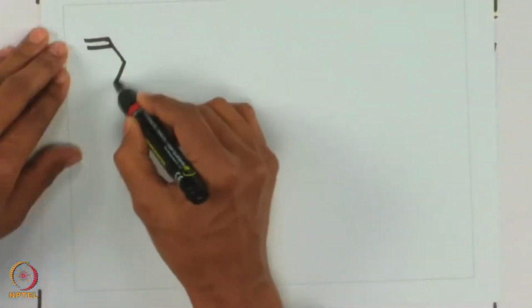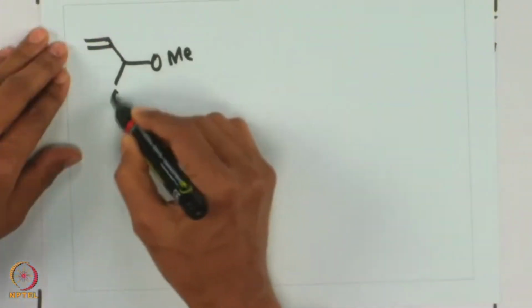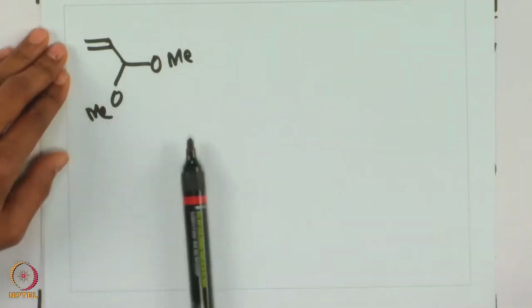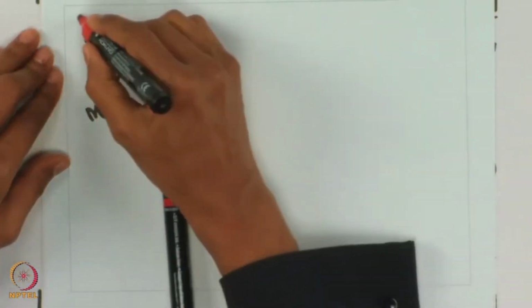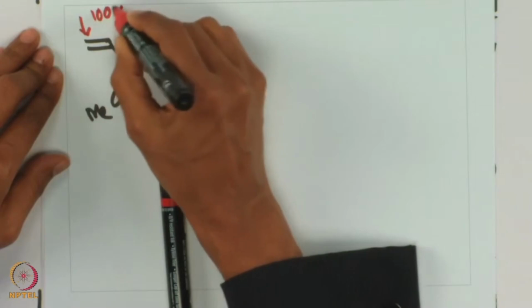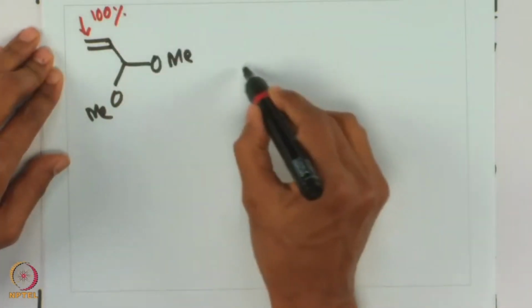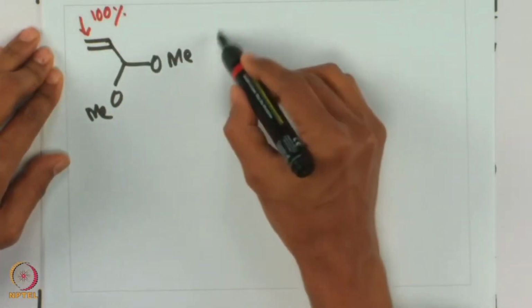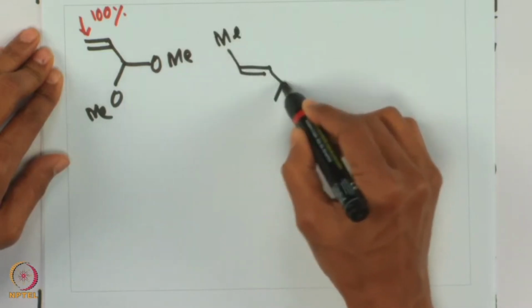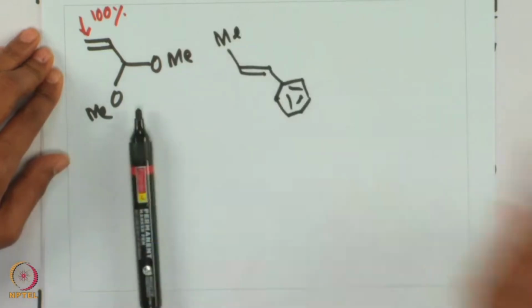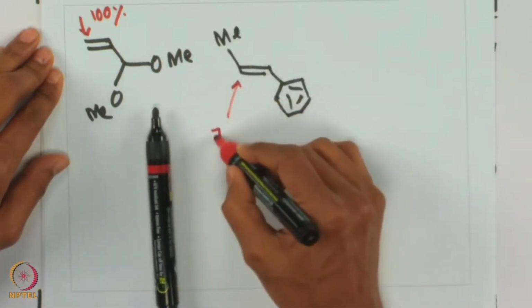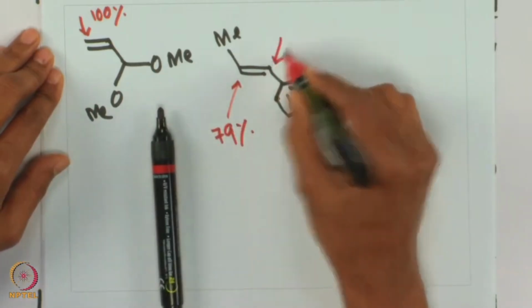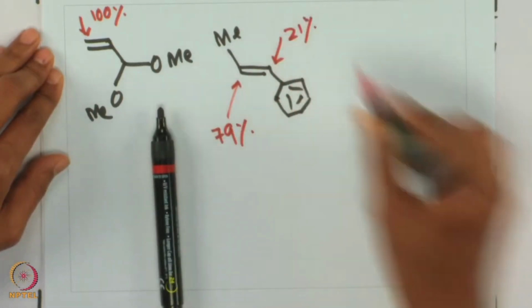Now, we will discuss a little bit more on those types of substrates where we have substitution like this, and in this case we will get 100% selectivity at this site, at the beta position. If you have beta methyl styrene, trans beta methyl styrene, we have 79% selectivity. This is interesting now, and we get 21% selectivity for this one.